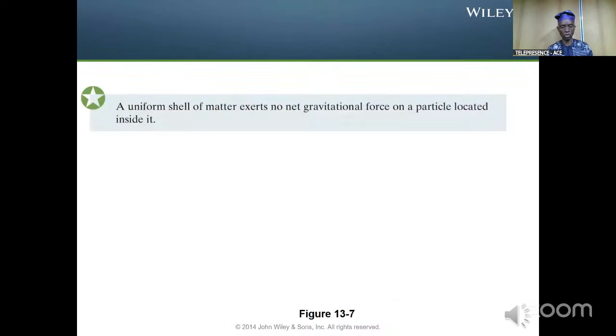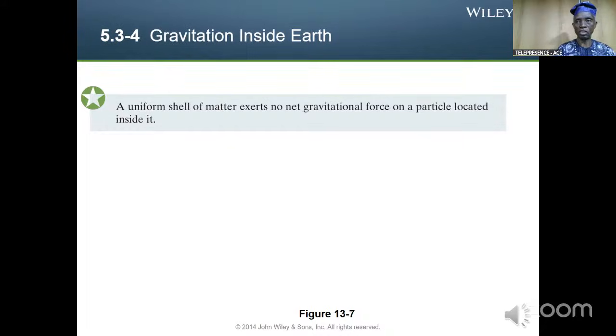Finally, we saw that for the Earth, the acceleration due to gravity that you measure is not necessarily what you calculated, because that is moderated by 3 factors.